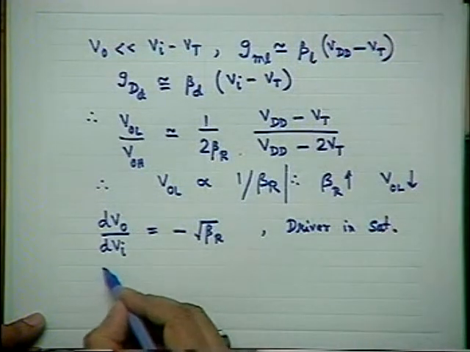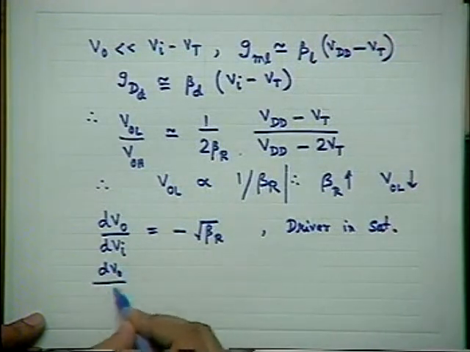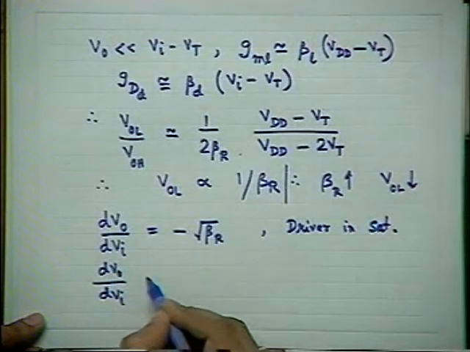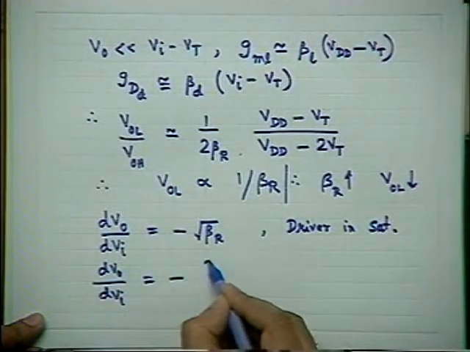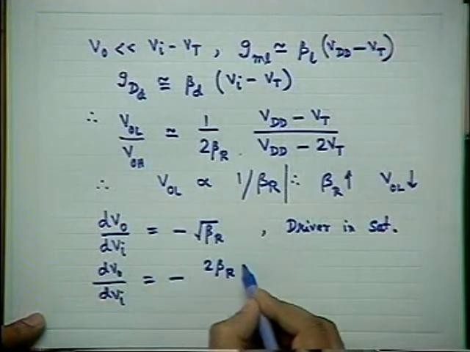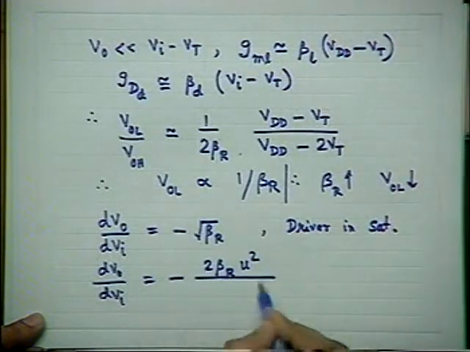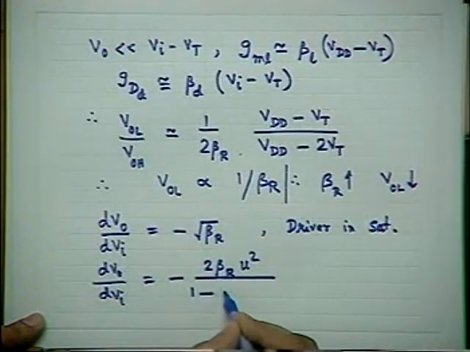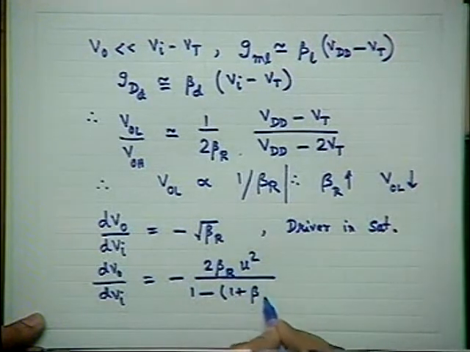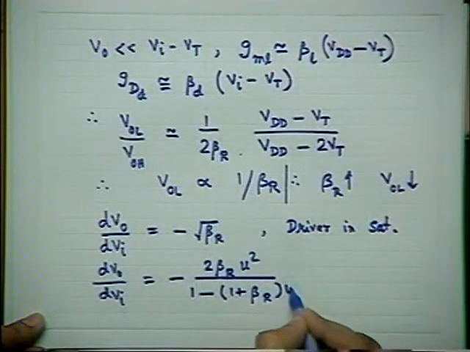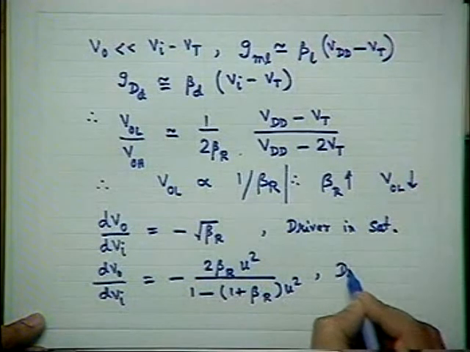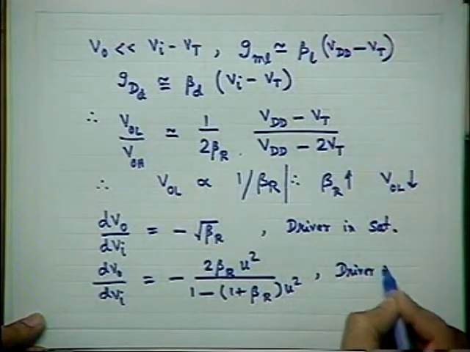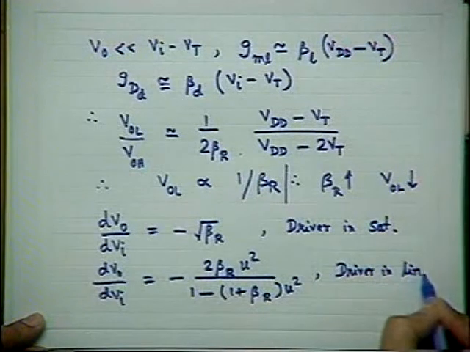Again, this dVo by dVi is given by minus twice, you can easily derive it from the earlier expressions, divided by 1 minus u, when the driver is in linear region.